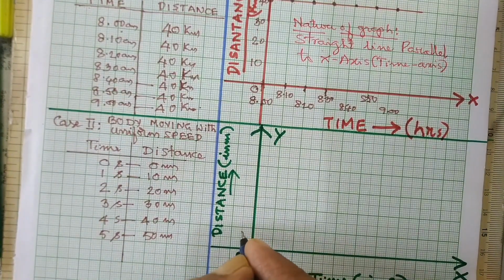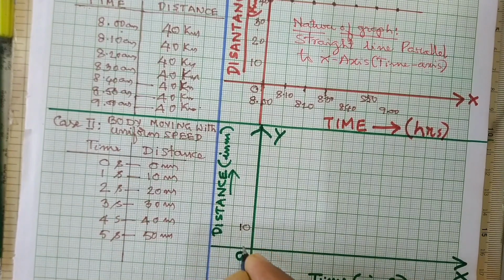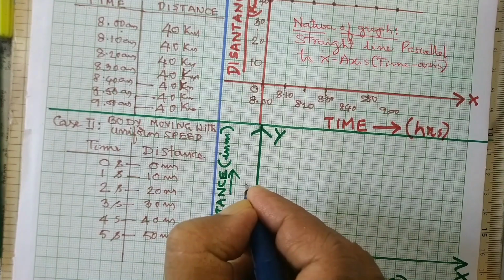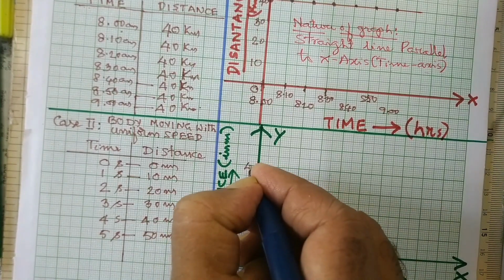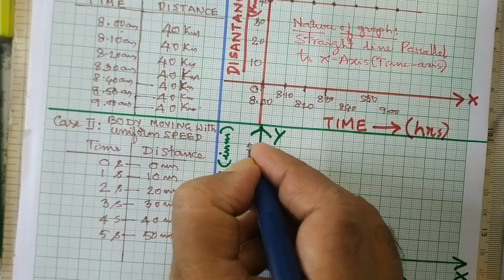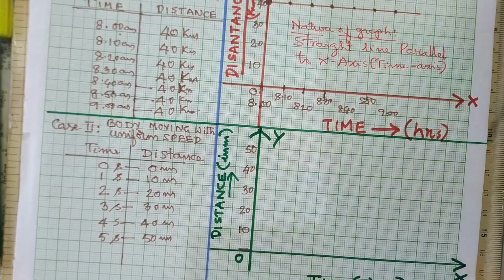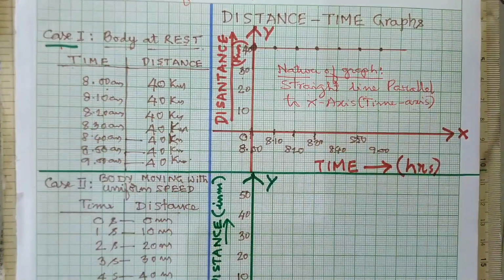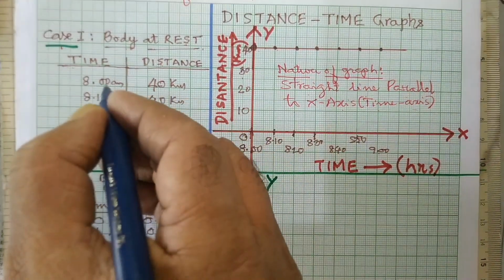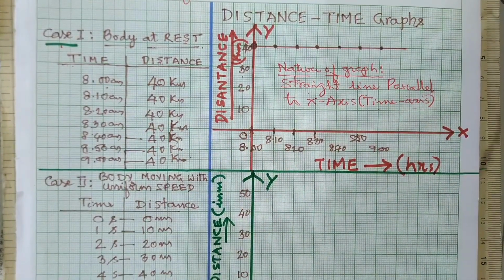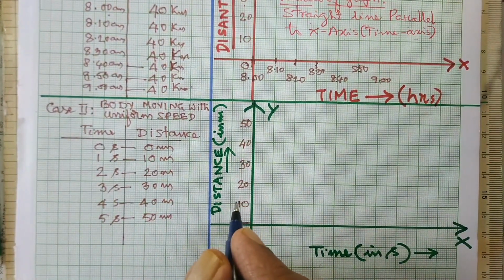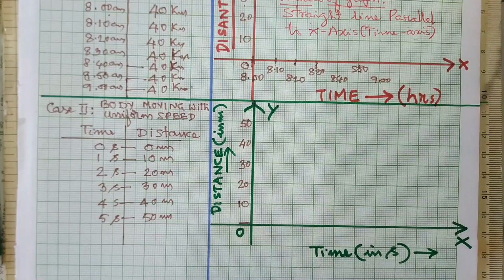First one is 0 meter. Then 10 meter, 20 meter, 30 meter, 40 meter, 50 meter. Observe carefully, the earlier graph we had taken in kilometers. That case was different, because the table I had taken as kilometer and hour. Here, for your understanding purpose, I am taking meter and second.